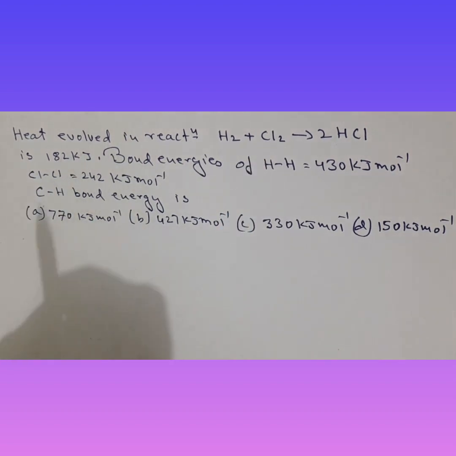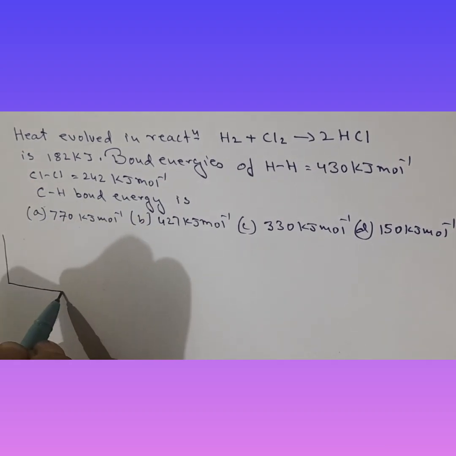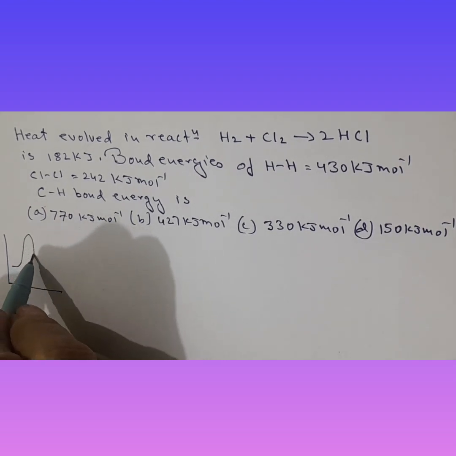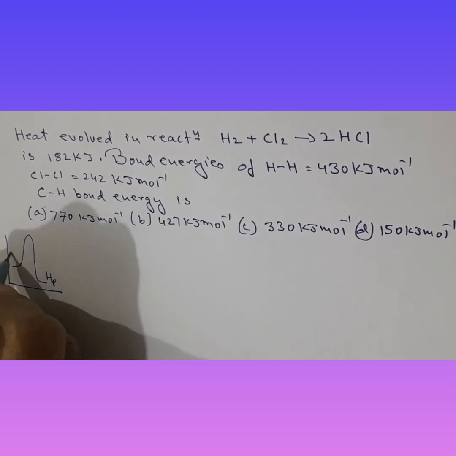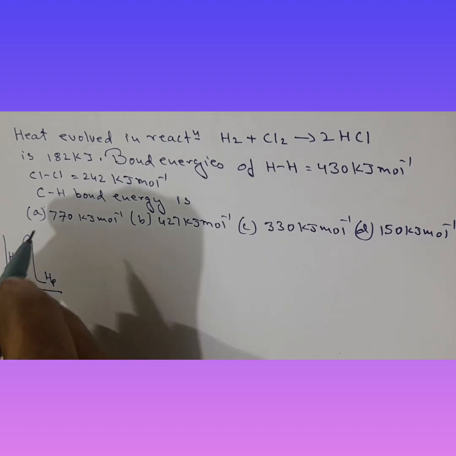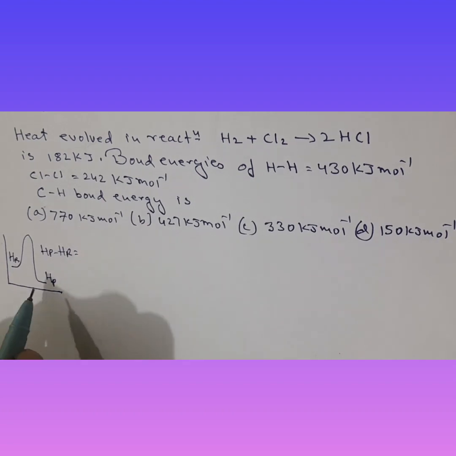To understand this, let's set up the exotherm endotherm graph. This is HP and this is HR, enthalpy of product and enthalpy of reactant. Now HP would be coming here and HR would be coming here, so HP would be much lower than HR.